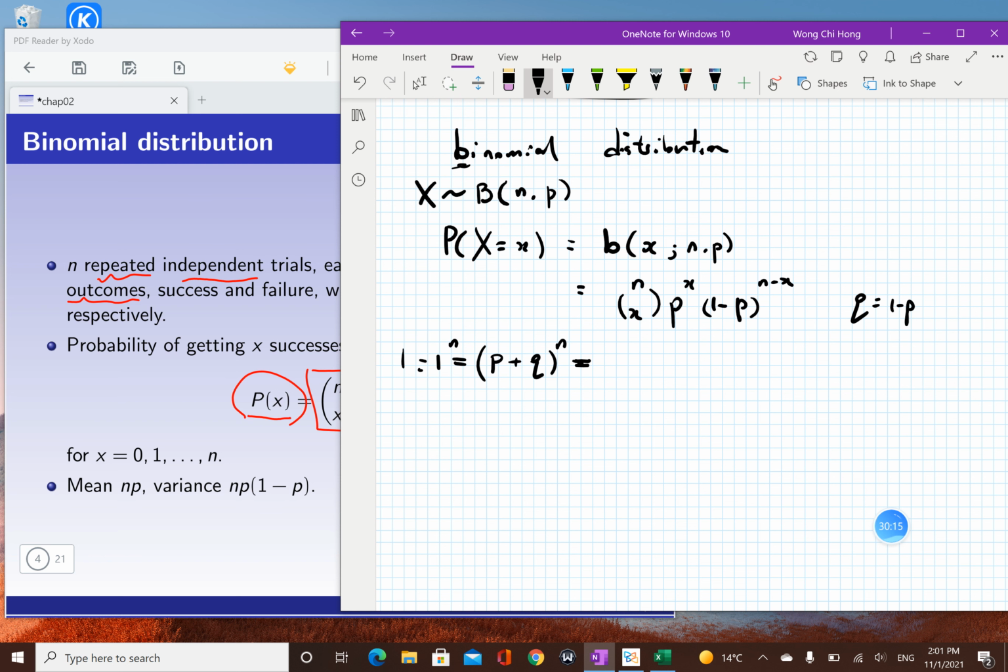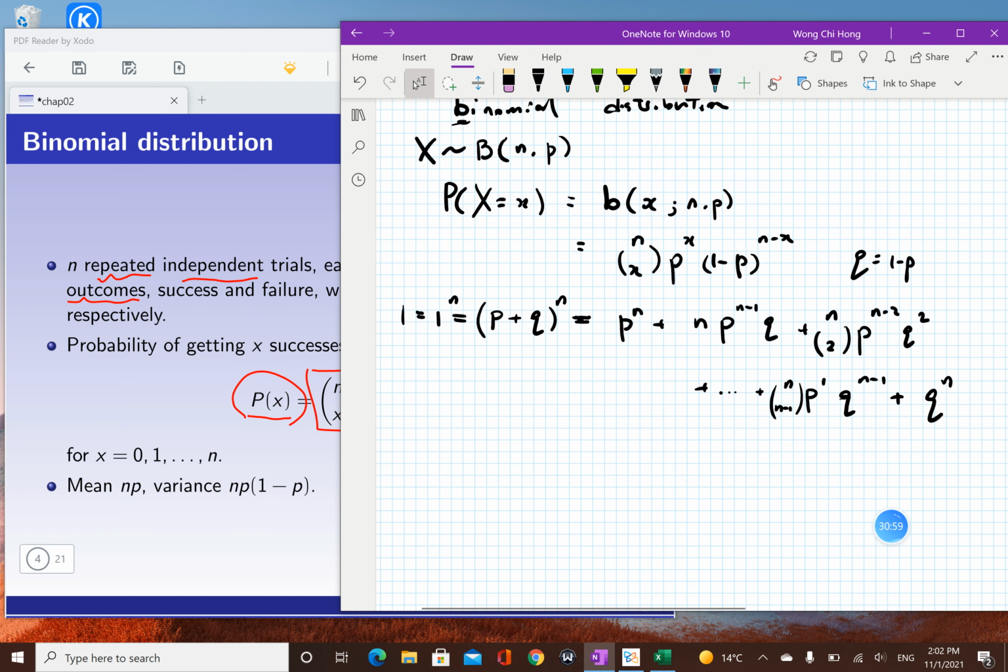But on the other hand, if you expand this bracket, if you remember how to expand this bracket I showed you the other day, p plus q to the power of n, what do you get? You get p to the power of n plus n times p to the power of n minus 1 q plus n choose 2 times p to the power of n minus 2 q squared plus dot dot dot all the way until n times p q to the power of n minus 1 plus finally q to the power of n.